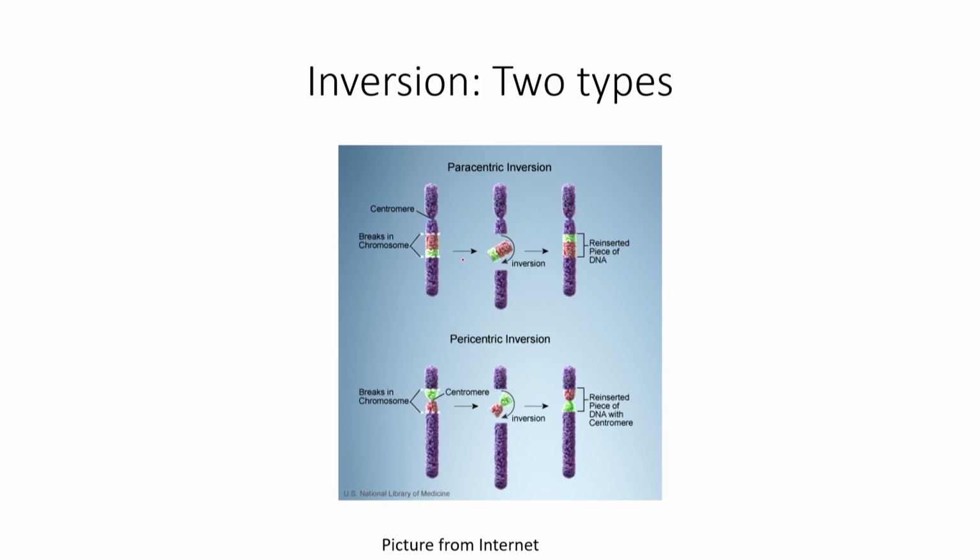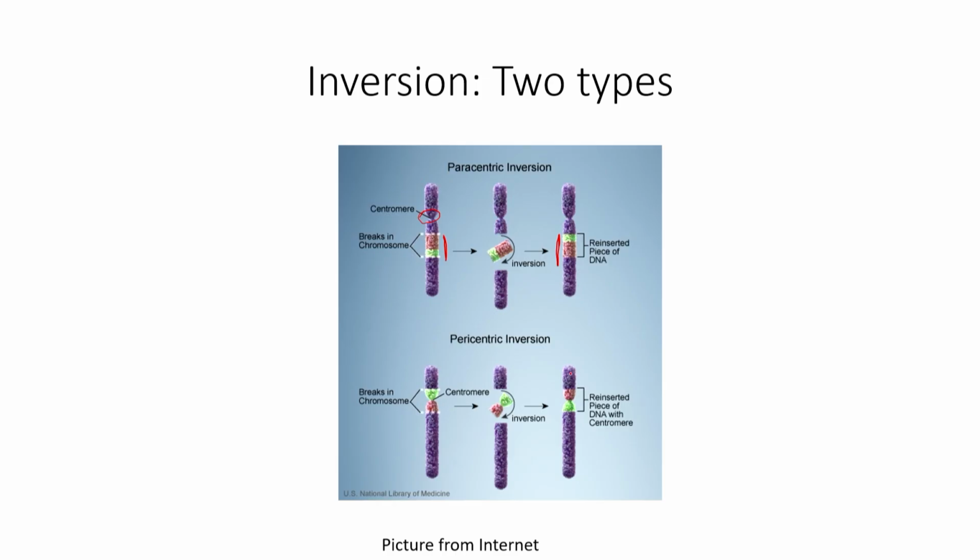In paracentric inversion, the centromeric portion is not involved. So the inversion is in this region, and there are two breaks, and then this segment is inverted and finally rejoined. So from here, now you have this kind of situation.